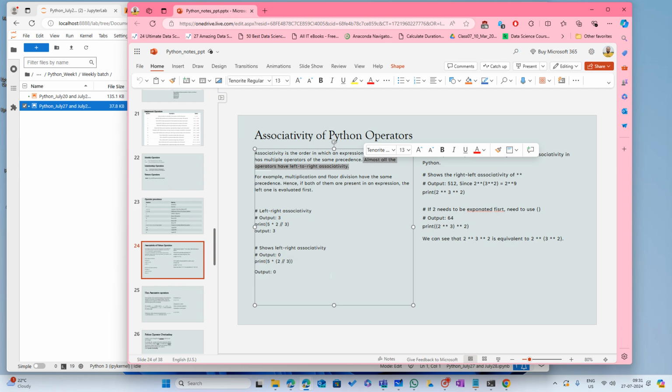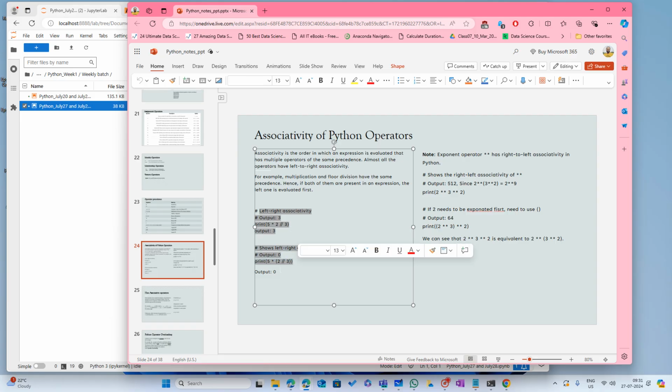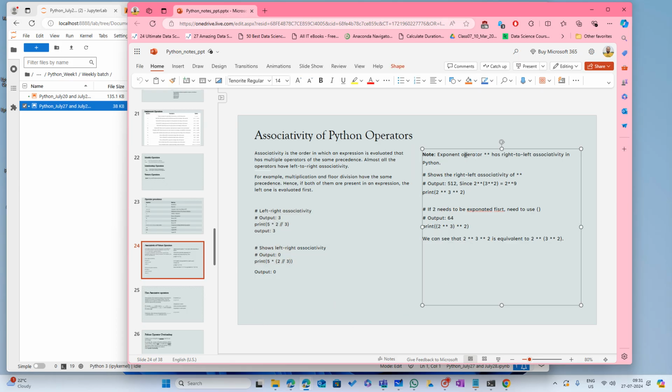Certain operations are done right to left also, but usually it is left to right, along with operator precedence. Only exponent is done right to left in Python.